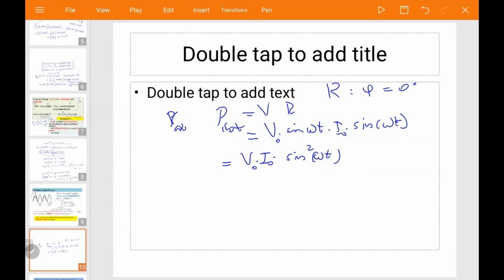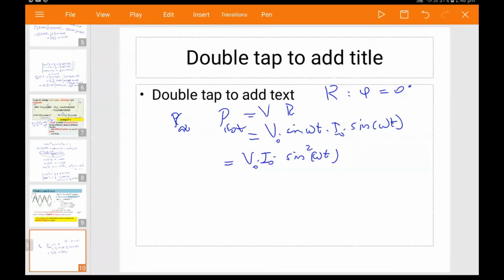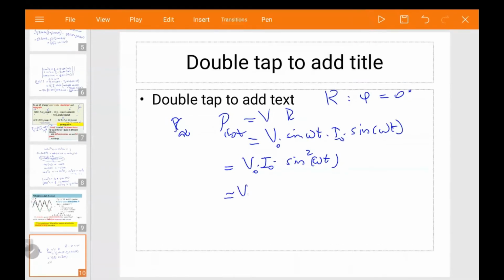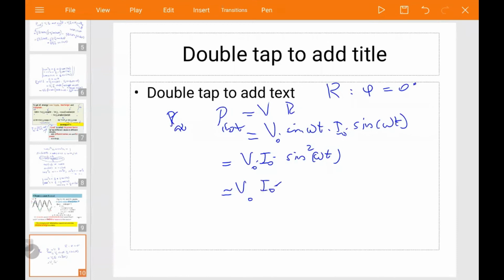What does sine squared omega t represent, or what is it equal to? That equals V0 I0 times, if you remember, a half minus a half of sine of 2 omega t.